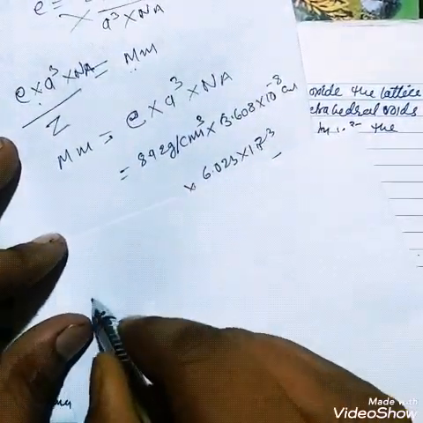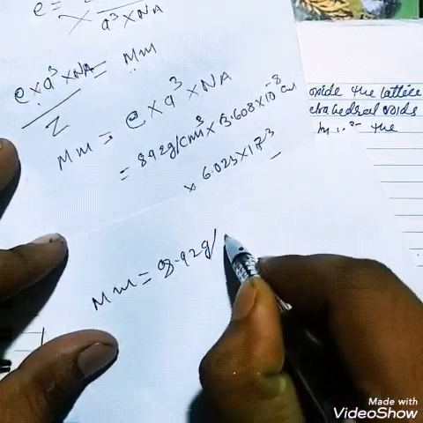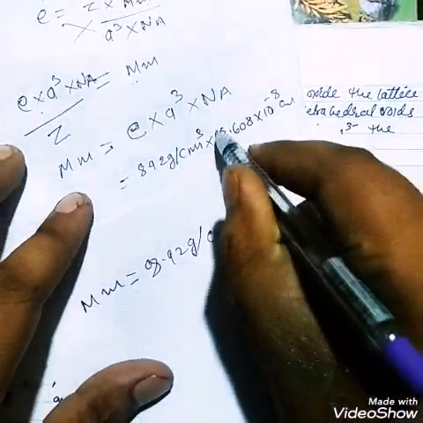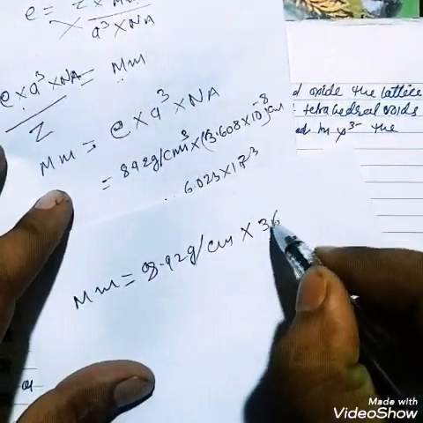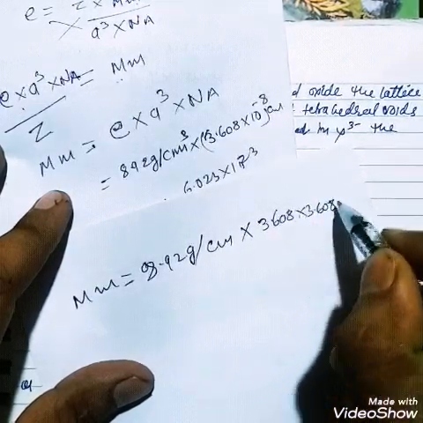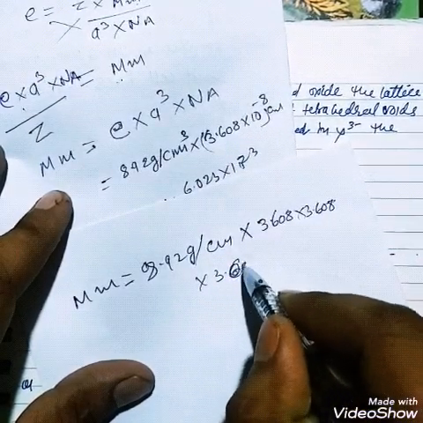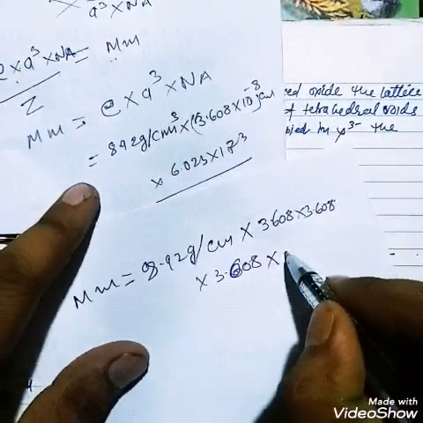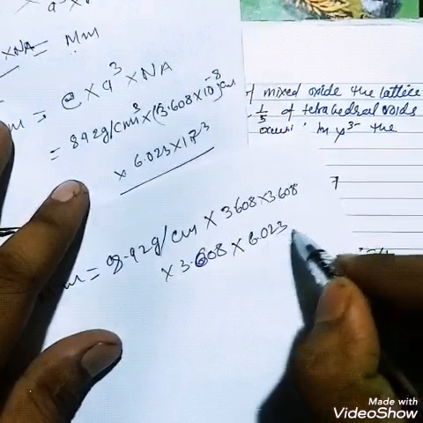First of all we write: molar mass equals 8.92 gram per centimeter cube into 3.608 three times, and 6.023 × 10^23.